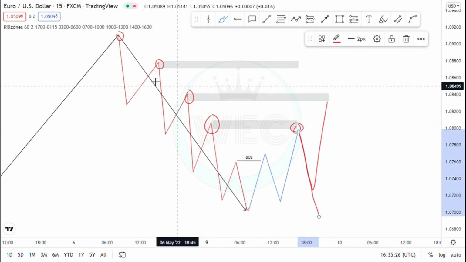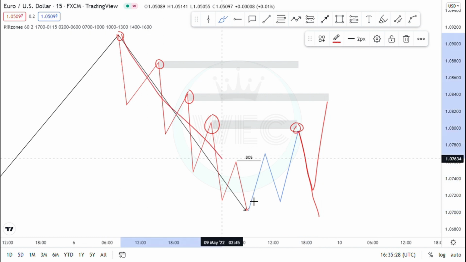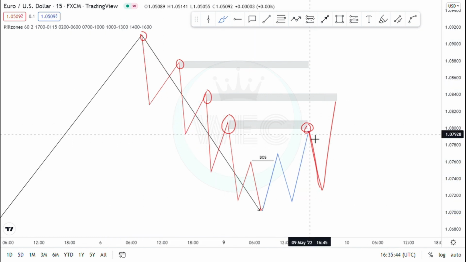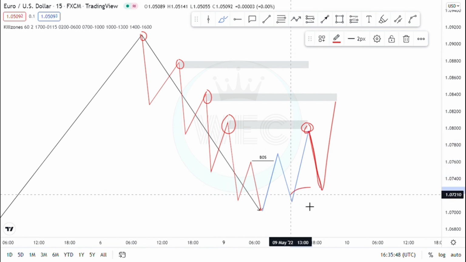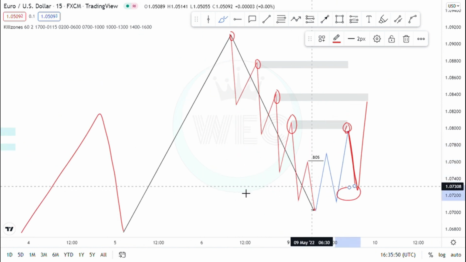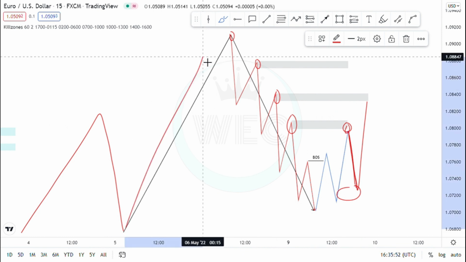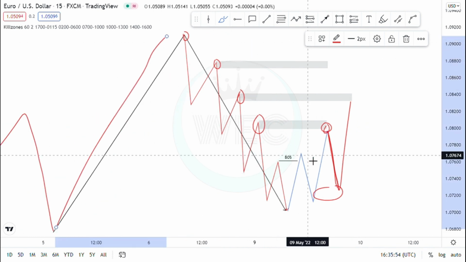The intention is not to move with this push. No, the intention is to retrace into some level within internal structure, right, and continue with the pro trend. This is the pro trend, right? So that's the intention, okay.